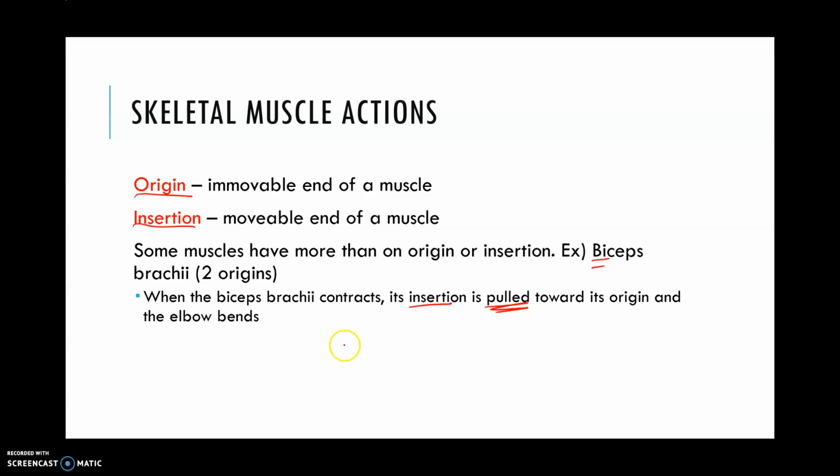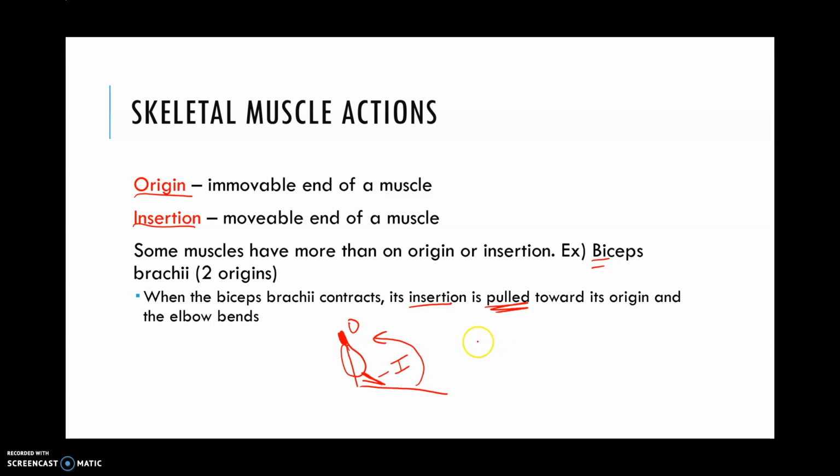So if we think of, here's our arm, our biceps brachii is right here on our humerus. Its insertion point is over here. This is its insertion. Our origin is up here towards our shoulder. When we pull on this bicep muscle, it's going to pull on its insertion, moving it upwards like this.